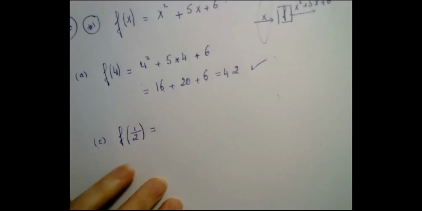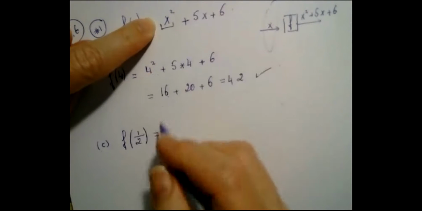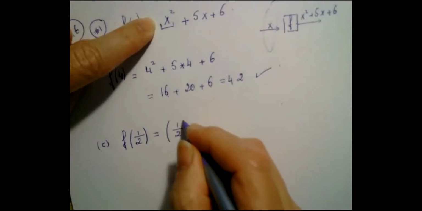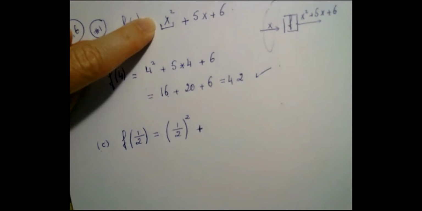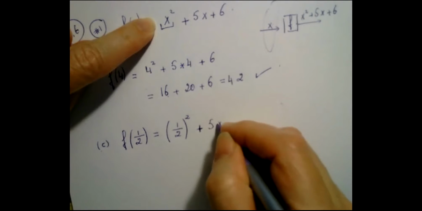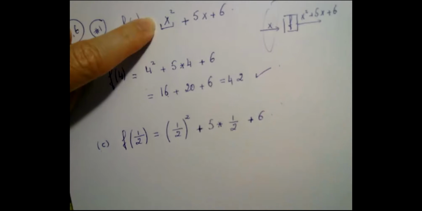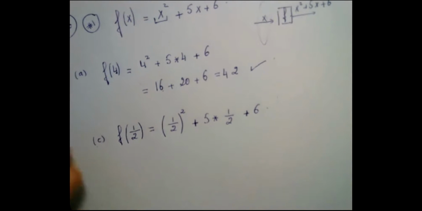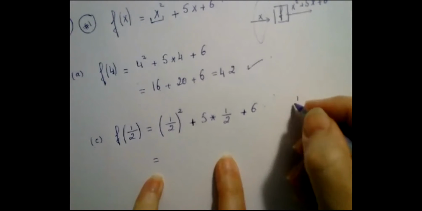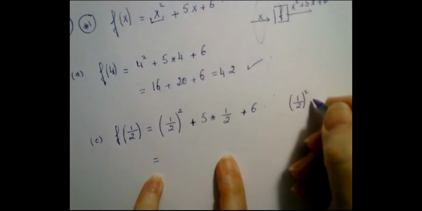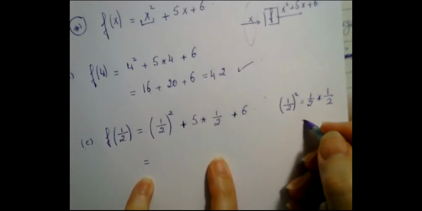Okay, so what's f of 1/2? I will do that slowly. What does f do? It takes whatever you give it, squares it, plus 5 times whatever you give it, plus 6. Now, what is 1/2 squared? We've talked about that. 1/2 squared is 1/2 times 1/2. How do you multiply fractions?